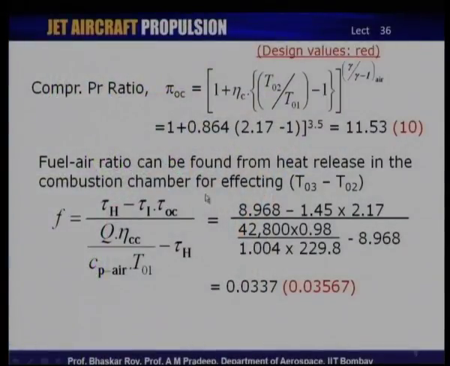The fuel air ratio can also be found from the heat release in the combustion chamber. We know what the heat release would be across the combustion chamber, and we use the enthalpy ratio that we have found.